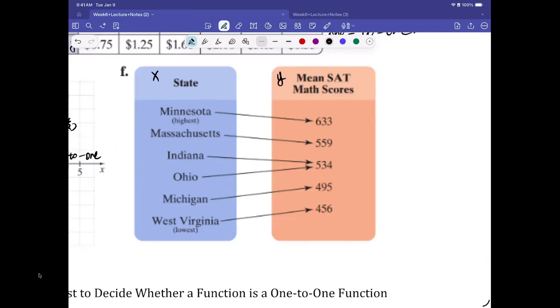Indiana and Ohio have the same average SAT math score, which is 534, right? The y value 534 appears twice. Can you see that? So that's why this is not 1-to-1.